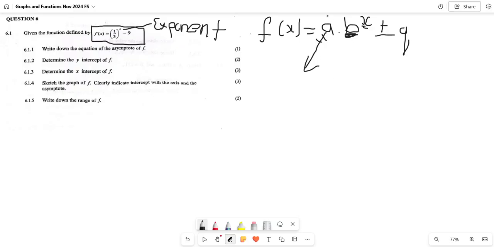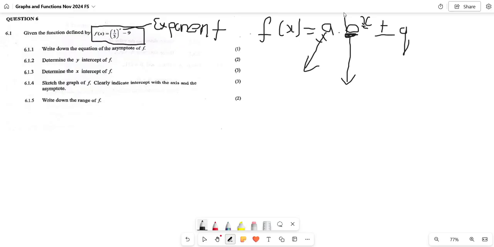If that number is a negative number, the exponential curve will lie below the asymptote. That is parameter a.